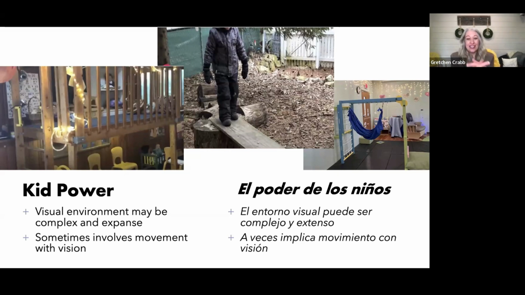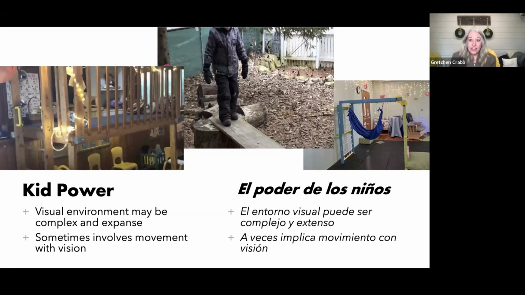So if you see this child here, who created this little ramp for himself, he had to build that himself, and then he has to figure out how to move down it. So the visual complexity of doing something like that from a sensory perspective is way more intense.